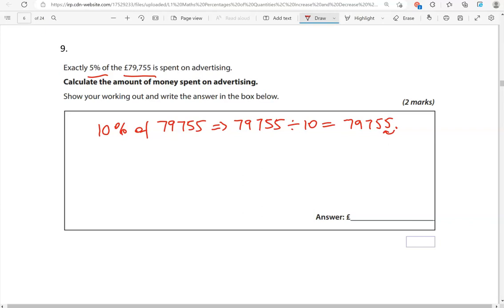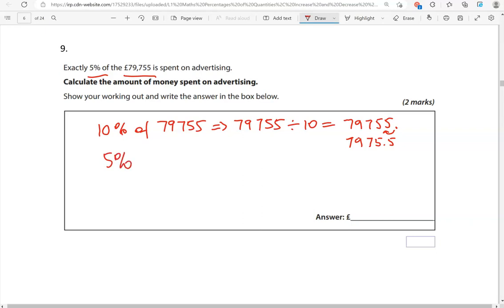So the new decimal point goes between the two 5s. So 10% of 79,755 is equal to 7,975.5. 5% will be half of that.